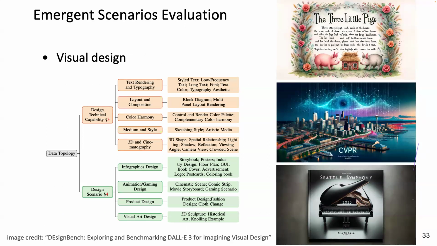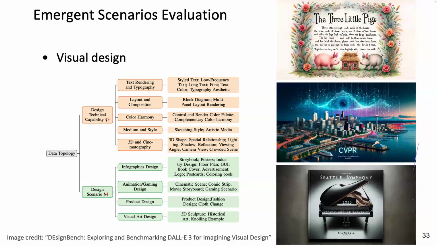And finally, the generation models are getting better and better. For example, the right three are from the DALL-E 3 and the DesignBench paper that we mentioned at the very beginning. Now it can spell even those tiny fonts of Computer Vision and Pattern Recognition, June 2024, quite well. This enables new scenarios such as visual design, like we want to put some tiny word or art design on a perfume bottle, or design a book cover for the Seattle Symphony, and so on.